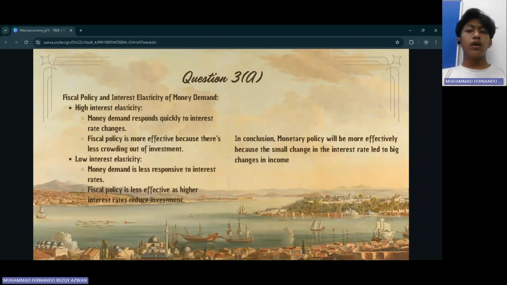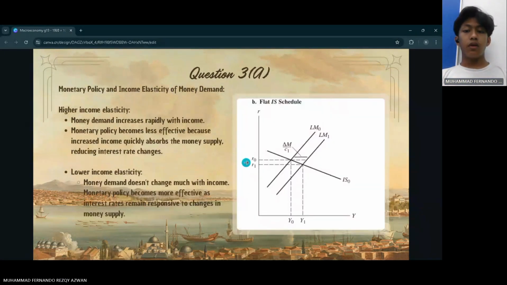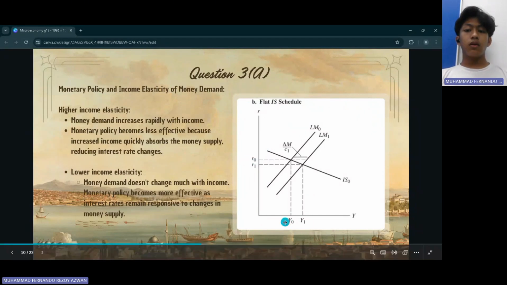So, in conclusion, monetary policy will be more effective because a small change in the interest rate leads to a big change in income. As you can see, the R0 is the interest rate and the Y0 is the income.